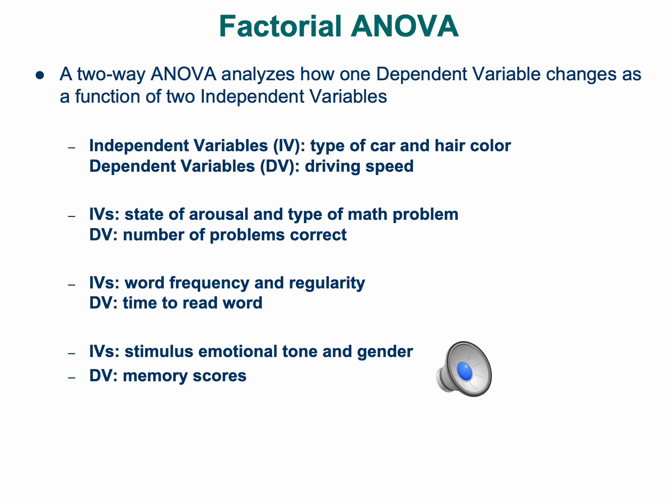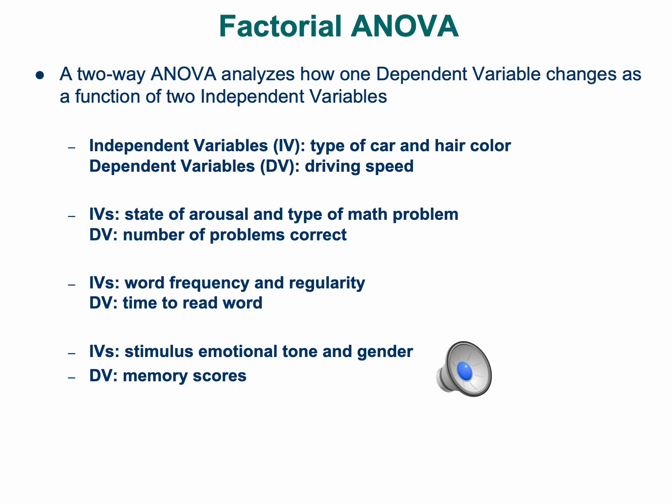And finally, we have another one here of stimulus, emotional tone, and gender. Here, stimulus emotional tone refers to things like pictures that have an emotional valence to them, like if you saw a picture, say, of a snake or something threatening to bite you.